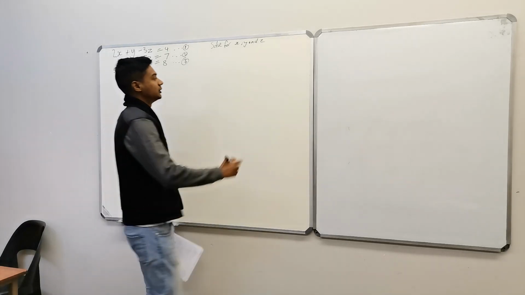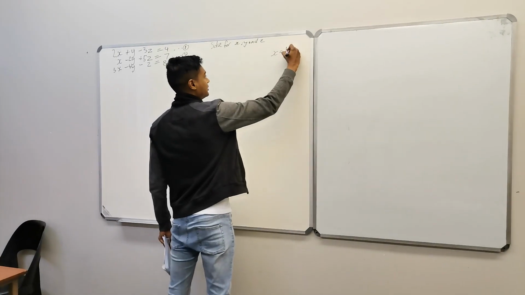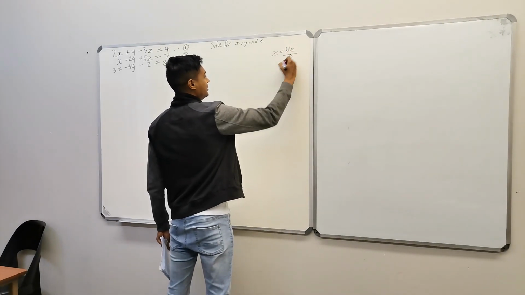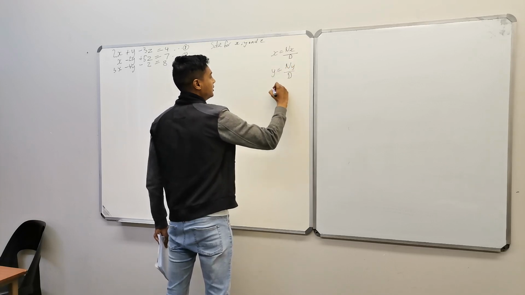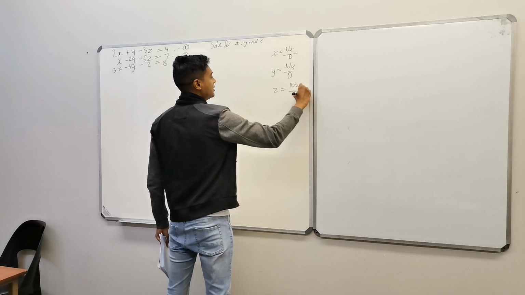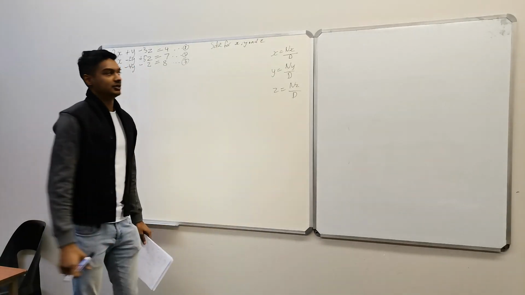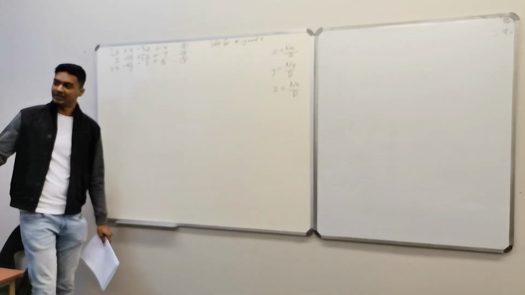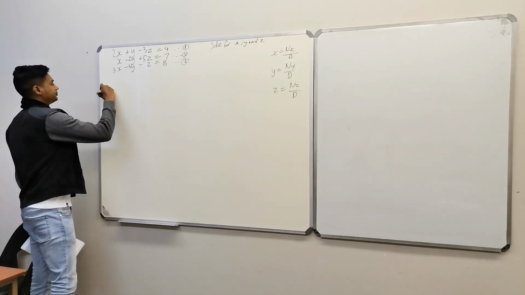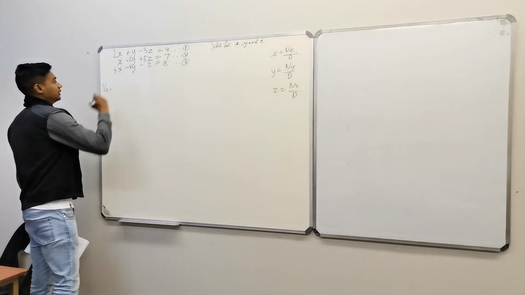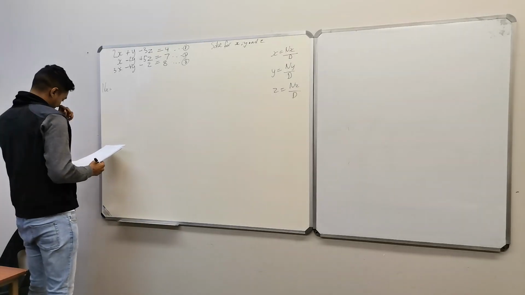So for x it is nx over d, for y it is ny over d, and for z it is nz over d. Okay, alright. So let's break it up now. Let's start with nx first, just for space wise and understanding wise.